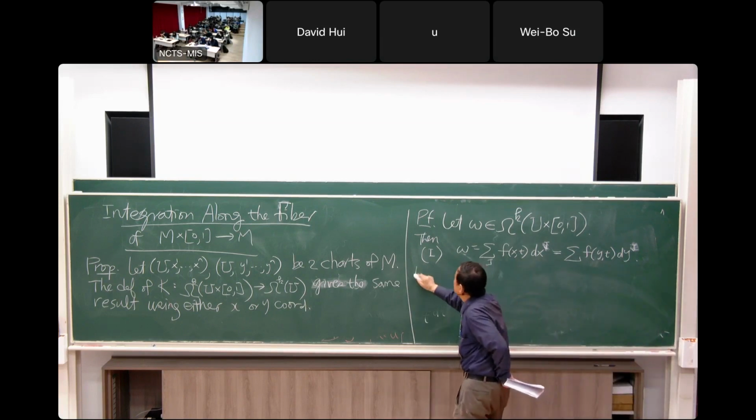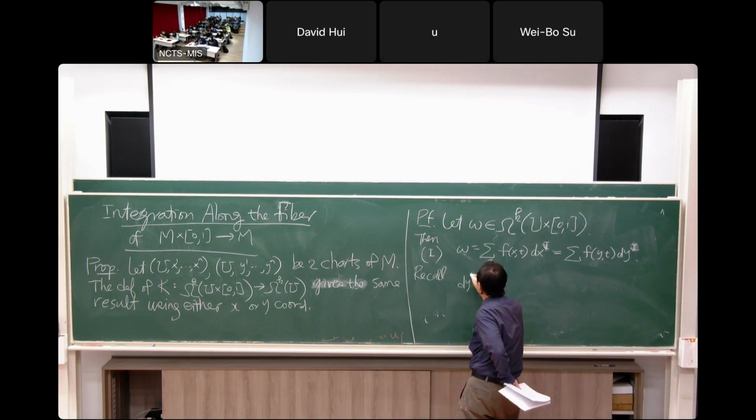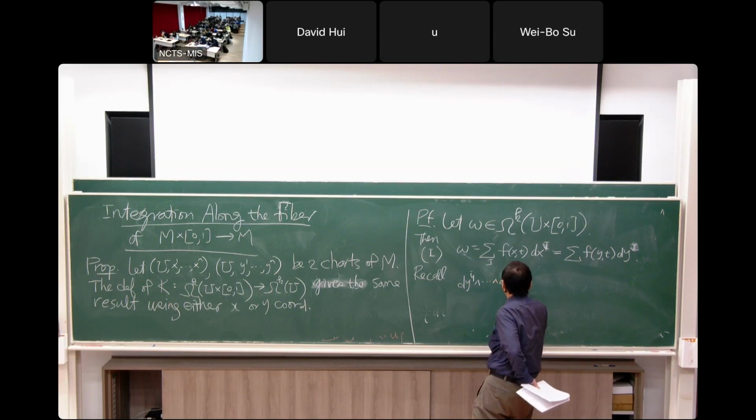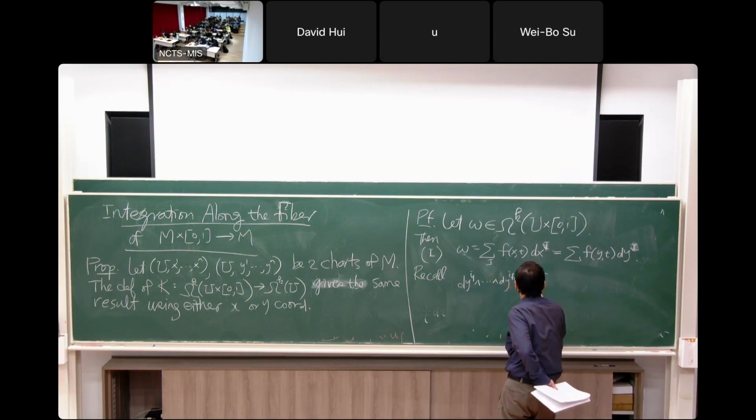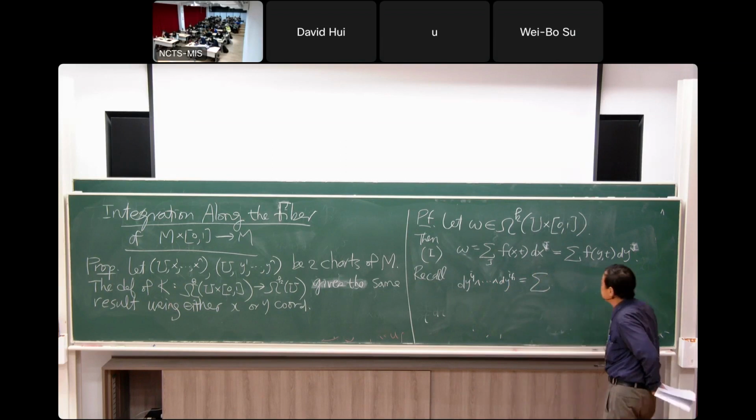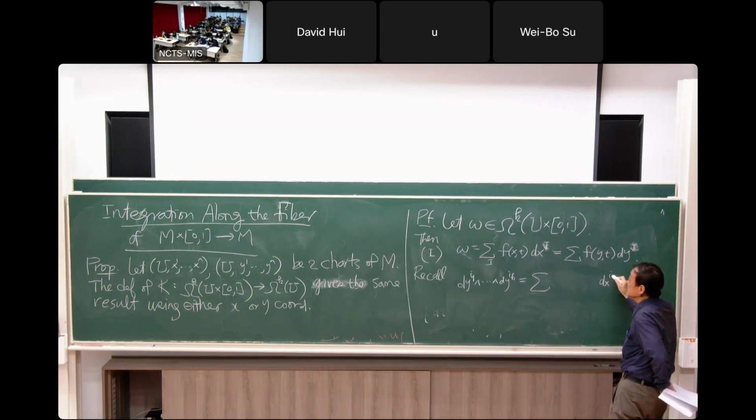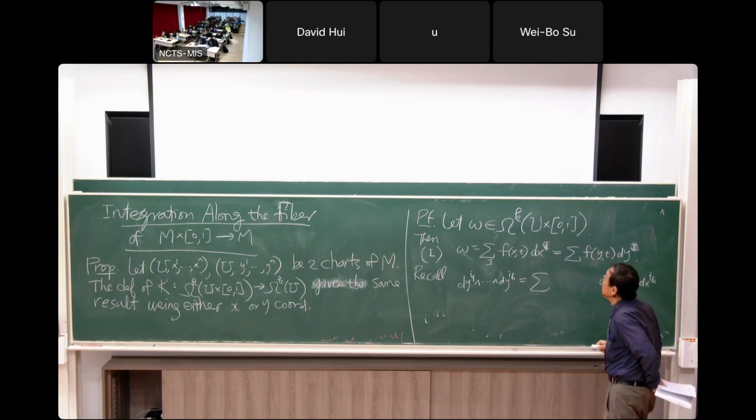So we have this formula, dyi1 wedge dyik. Now in the x-coordinate system, it would be a linear combination of dxj1 wedge dxjk.